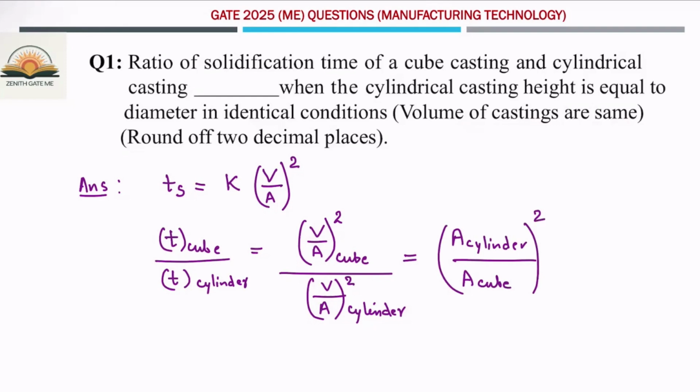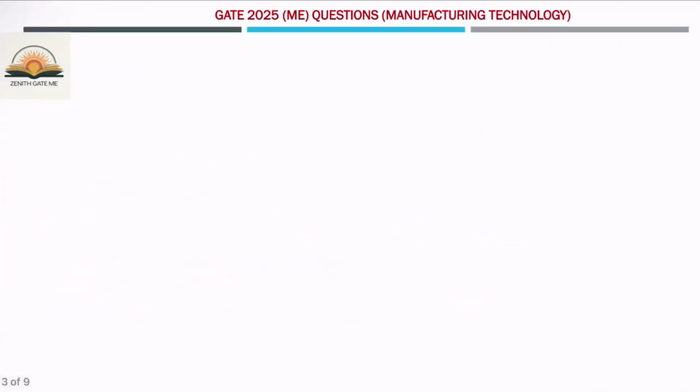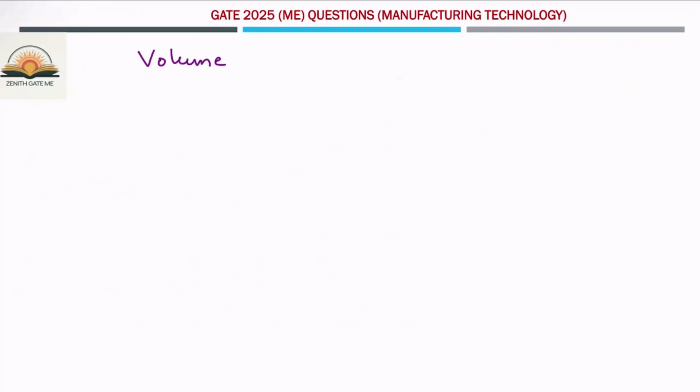Okay, now, volume of castings are the same means you just equate the volume of cylinder and the cube. That means the volume of cylinder is equal to the volume of cube, which is given in the question.